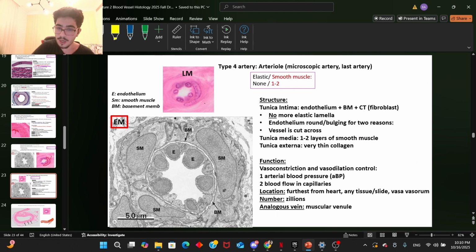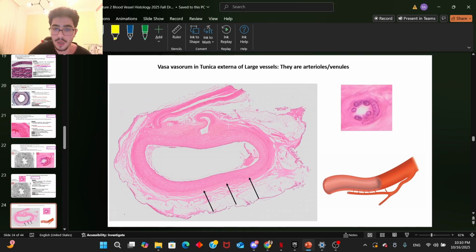Again, we talked about this. Obviously, the analogous vein is going to be the muscular venule, and we're going to talk about that right now. This is a very cool slide because you can see all the different types of arteries. This large one here is the large muscular artery. This one might actually be a vein because it's kind of collapsed, and we're going to talk about that again.